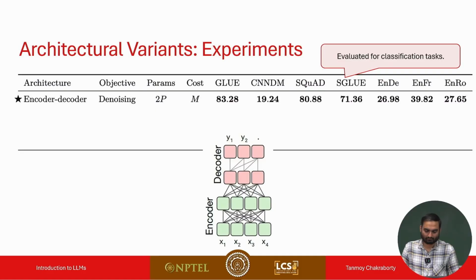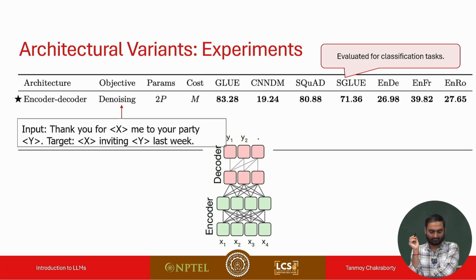Okay, so now let's look at the experiments. With the encoder-decoder model, denoising objective, 2p number of parameters, p for encoder, p for decoder. Now this cost is the number of FLOPs, floating point operations. This is the result. Now let's compare.